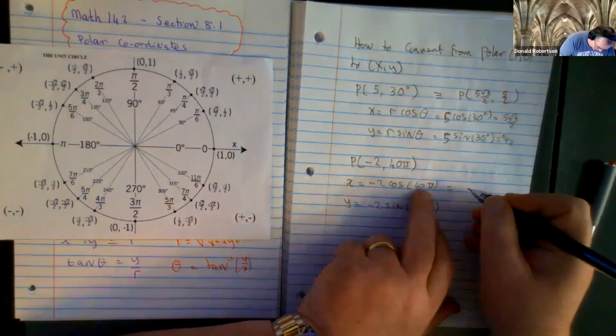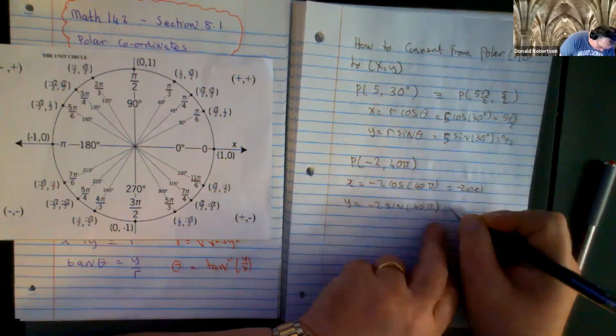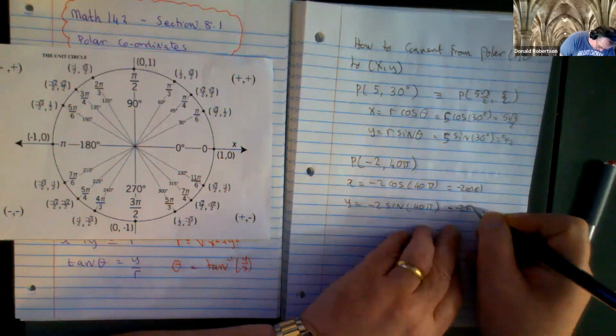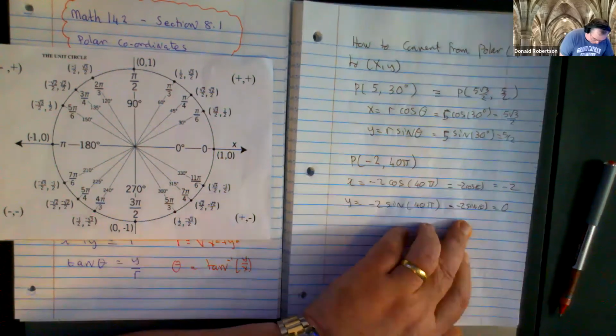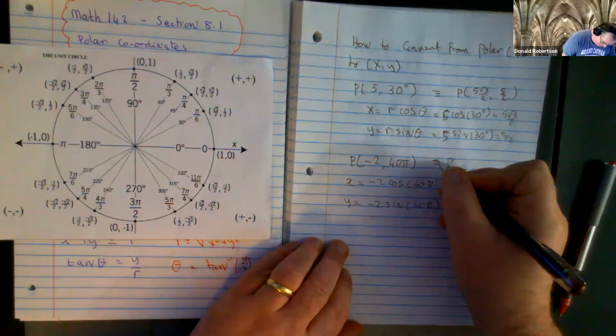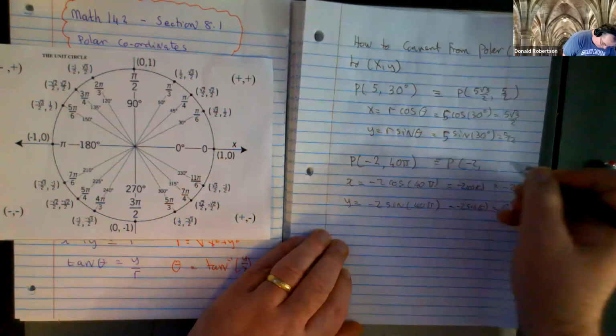And 40 pi actually just ends up being cosine of 0 and sine of 0. And this is 0, and that's negative 2. So there's your answer. It's at negative 2, 0.